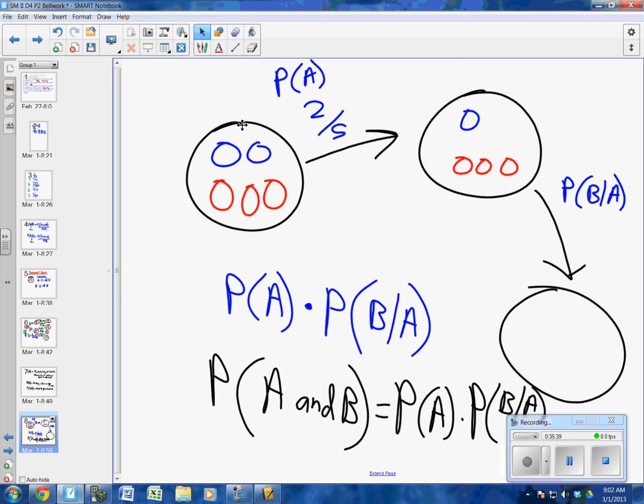So I guess it's just saying that that's how you could write it, the probability of A and B happening. And B is the event you get a blue marble on the second one.